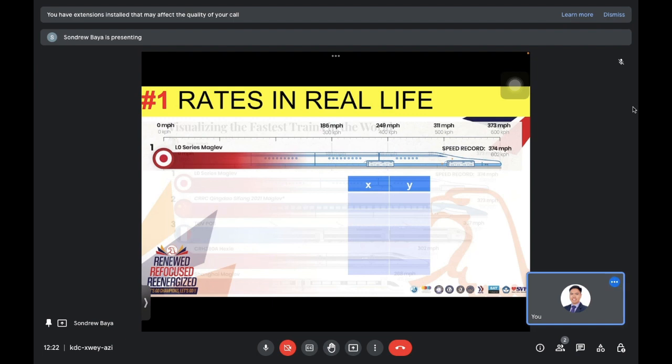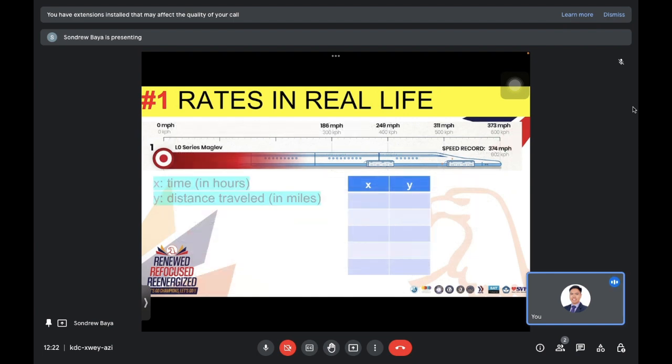Before we gather data, let's first find the independent variable and the dependent variable. So obviously, in this particular example, your independent variable is the time in hours, because this is miles per hour, and the dependent variable, the y, is the distance traveled in miles. You will only get to know the distance if you know how long you have been traveling. Okay? And the rate tells us that you are going to cover 374 miles every hour.